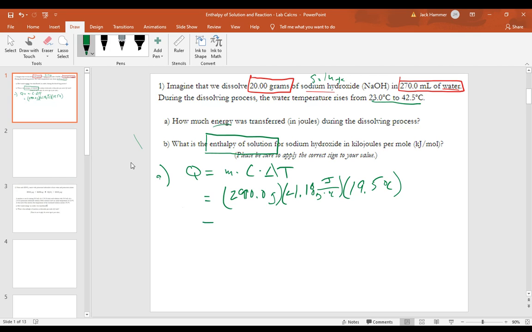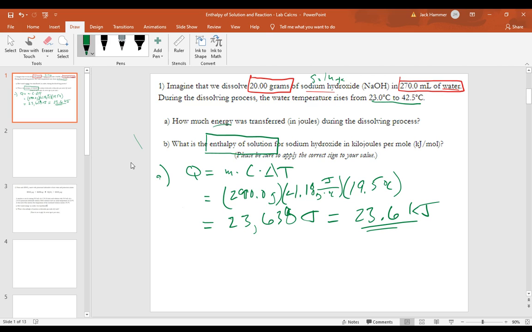When you crank all that out, it's going to be quite a lot of joules, 23,638 joules, which is equal to 23.6 kilojoules. So that's how we calculate the energy transfer when there's a temperature change.